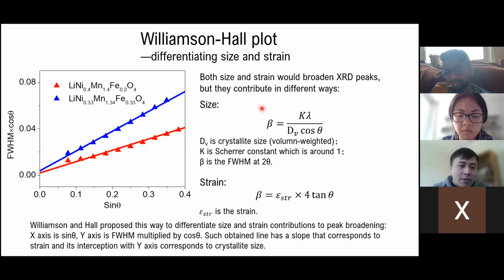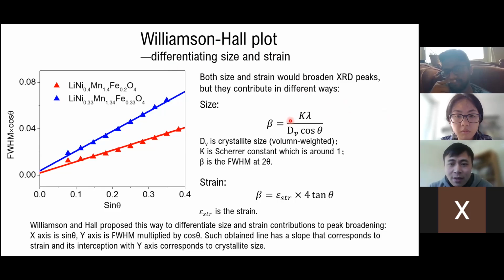So we know that if you have a small sized sample, that will contribute to the peak broadening. But if you have strain in the sample, it will also contribute to the peak broadening. And this is the so-called Williamson-Hall plot. It's basically a way to differentiate these two contributions.